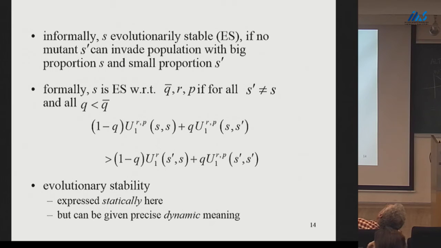That's right. If, for example, all the payoffs were zeros, then nothing would be evolutionarily stable, because any other strategy would also always give you zero. That's right.